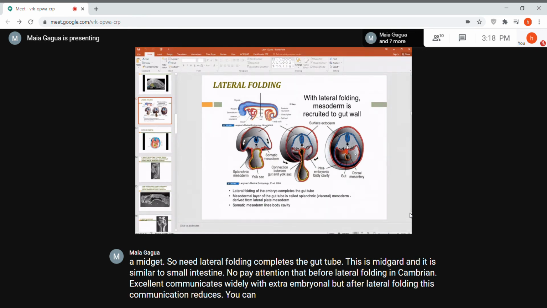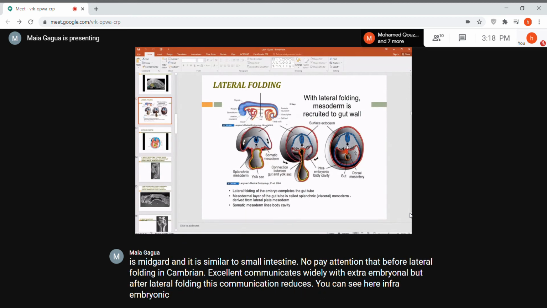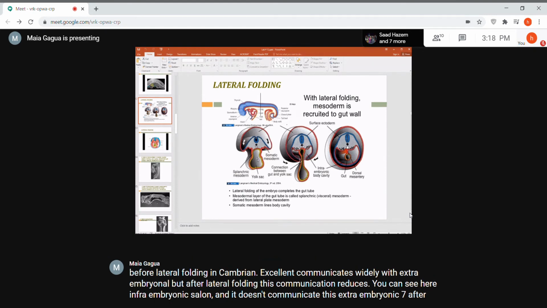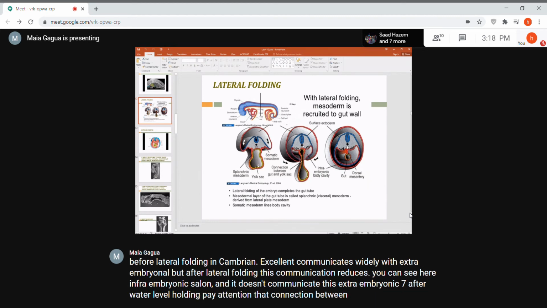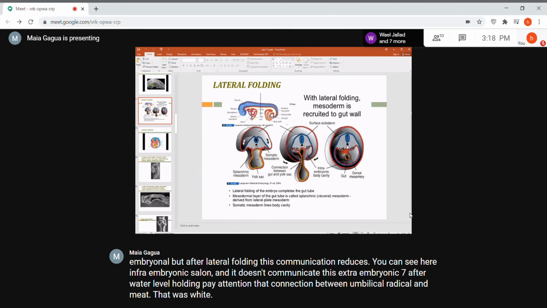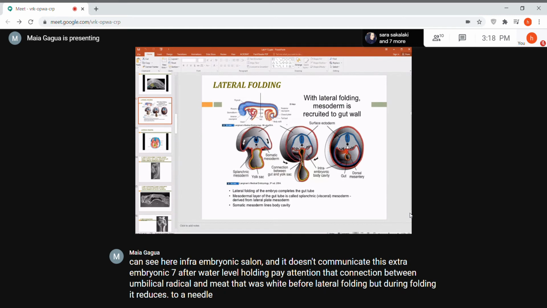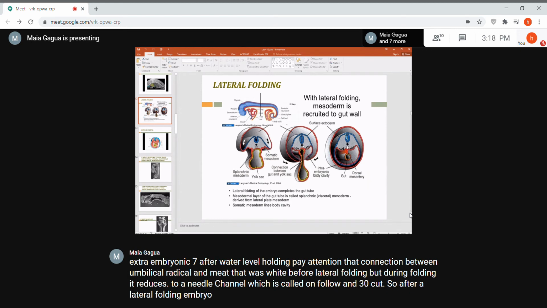You can see here intraembryonic coelom, and it does not communicate with extraembryonic coelom after lateral folding. Pay attention that connection between umbilical vesicle and midgut was wide before lateral folding, but during folding it reduces to a narrow channel which is called omphaloenteric duct.